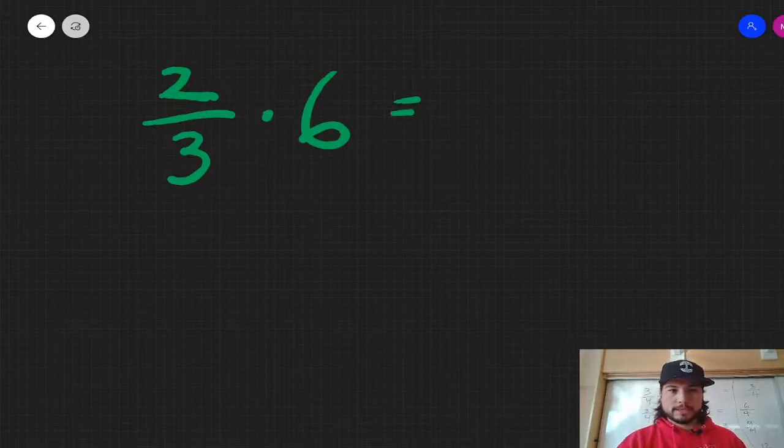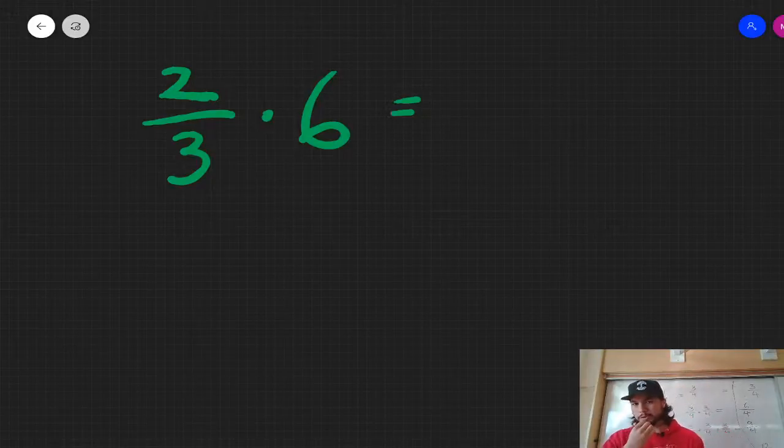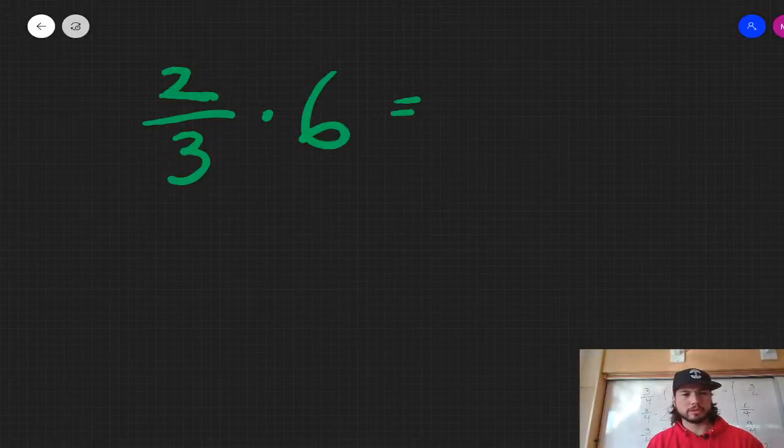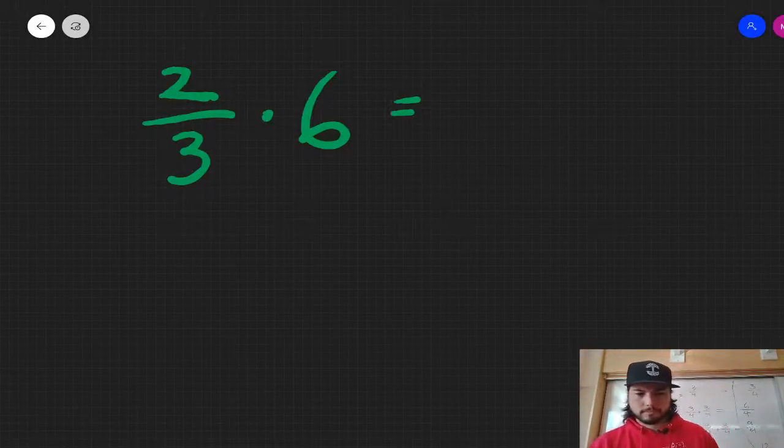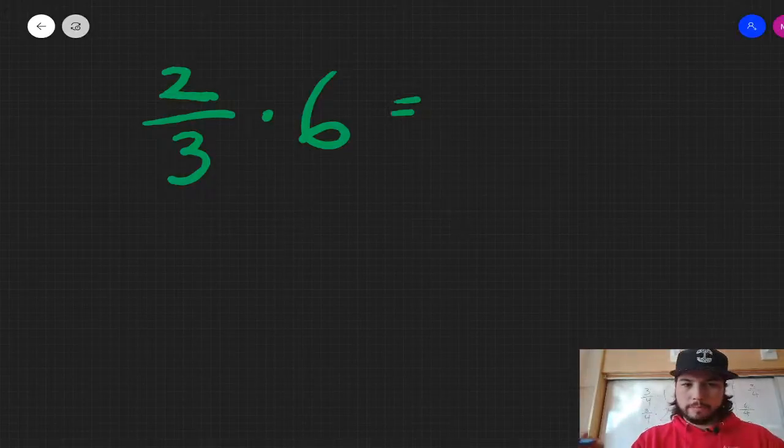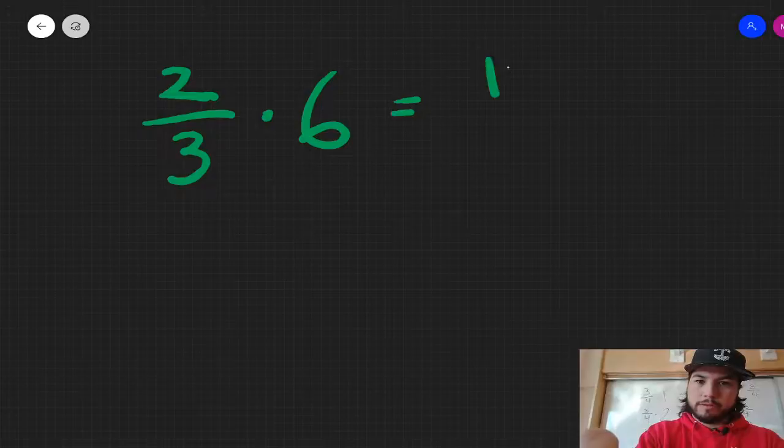So remember, just like adding fractions, it's our numerator that's changing, and our denominator stays the same, because we're not changing the value of each piece. All we're doing is counting 2/3 6 times, and then asking how many thirds do we have? Right? 2 times 6 is 12, and our denominator stays the same.